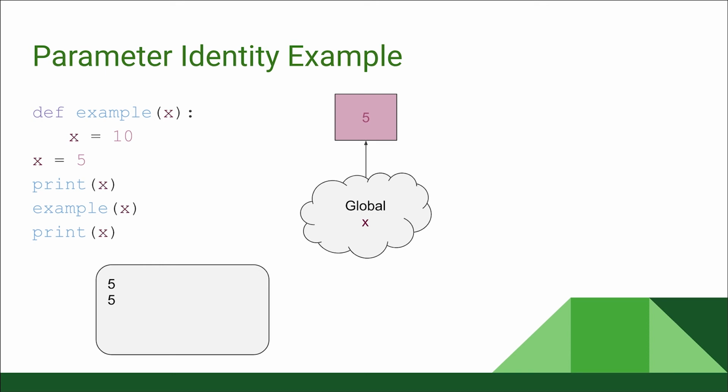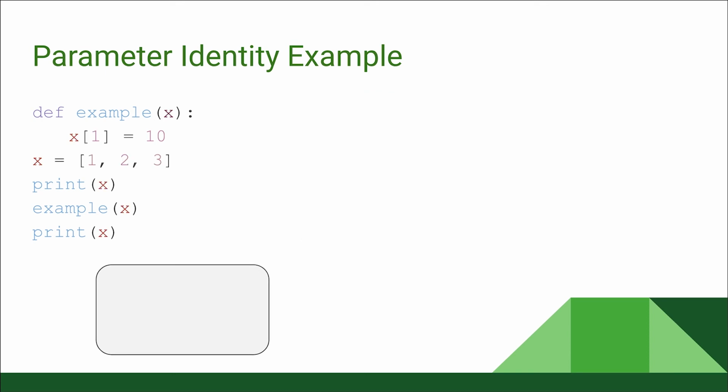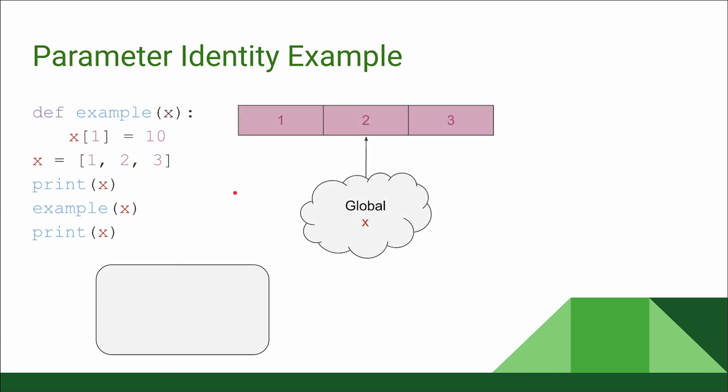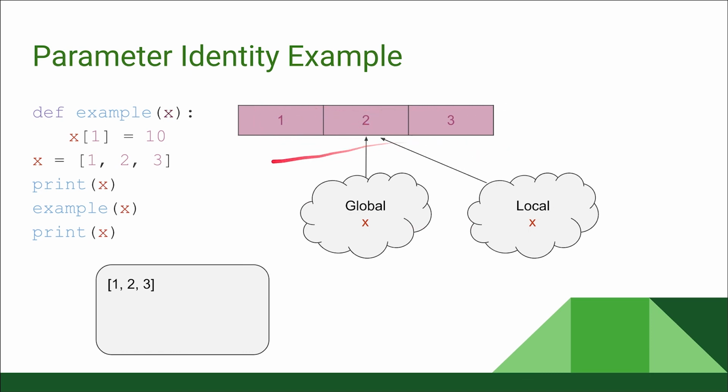And where that's different is when I have lists. So let's say my global x now is the list [1, 2, 3]. If I call example of x, x is now going to be passed into that function. I'm going to make my local x, and it's going to be looking at the exact same list. So when I make a change at x index 1 equals 10, I'm going to be changing local x, but that's pointing to the same place as my global x.